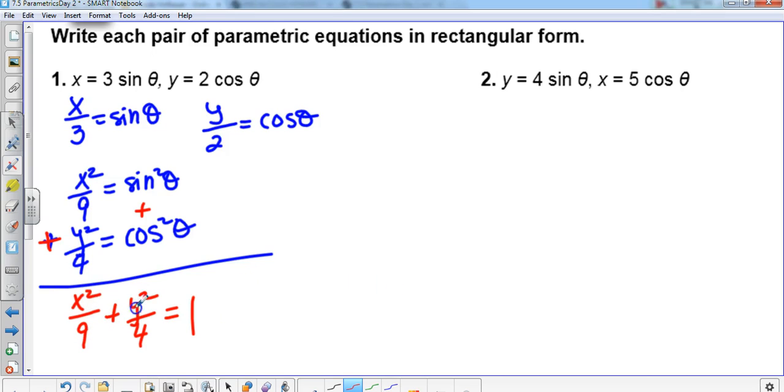Anybody get x squared over 9 plus y squared over 4 equals 1 for the first one? So that one would be longer this way, right?